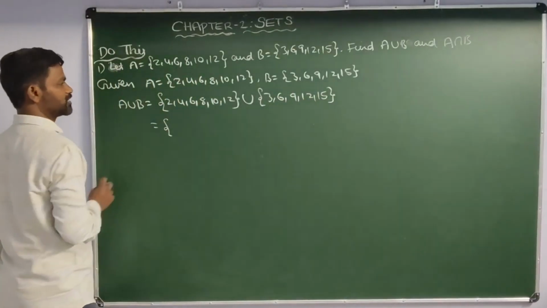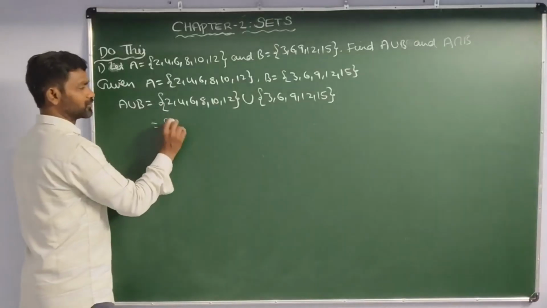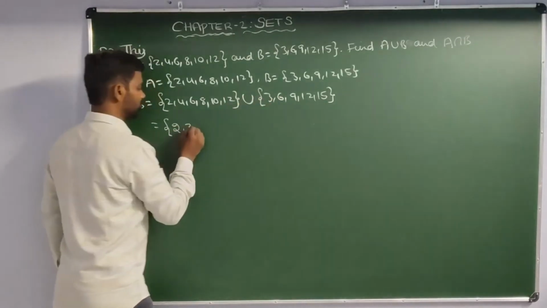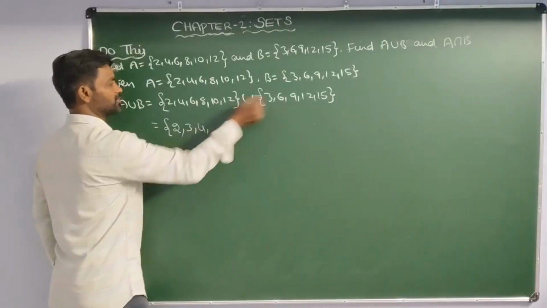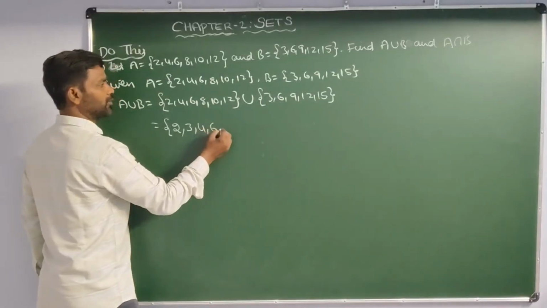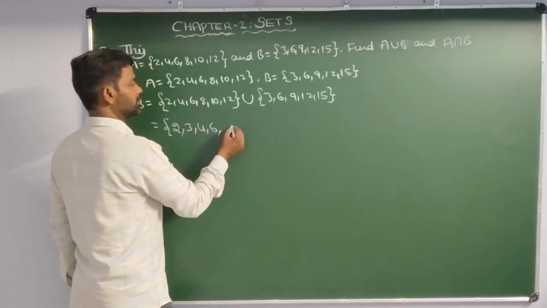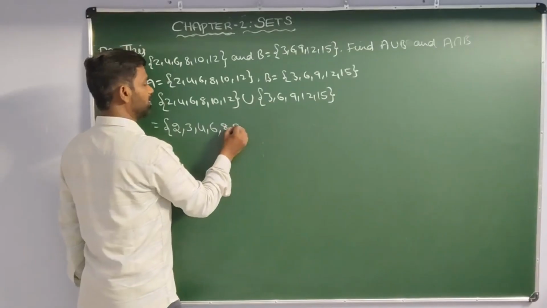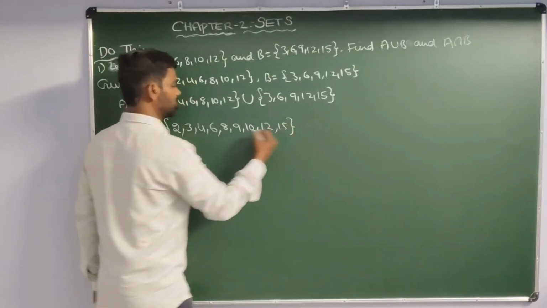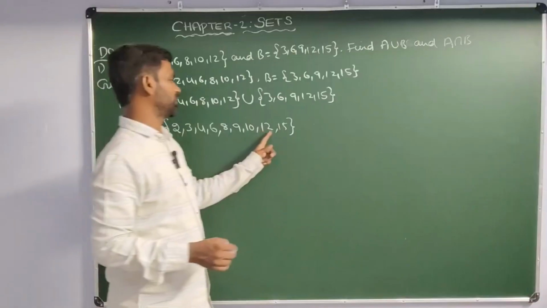According to our definition, we have to write all the elements from set A or set B. Let us write in ascending order: 2, 3, 4, 6. 6 is repeated and is in both the sets, so write it only once. Next 8, 9, 10, 12, which is repeated, write only once, and the last one is 15. So A union B is equal to 2, 3, 4, 6, 8, 9, 10, 12, 15.